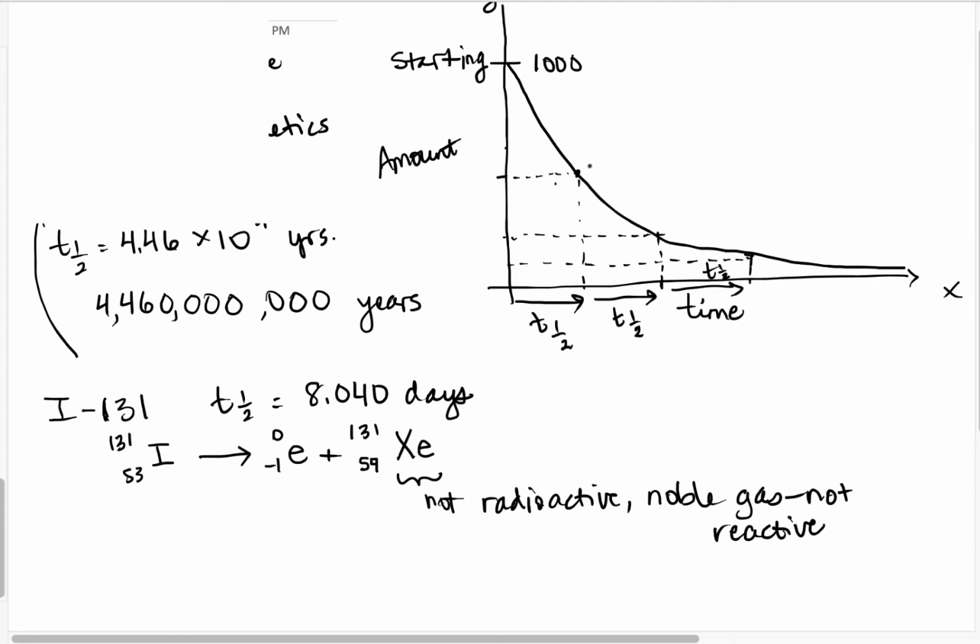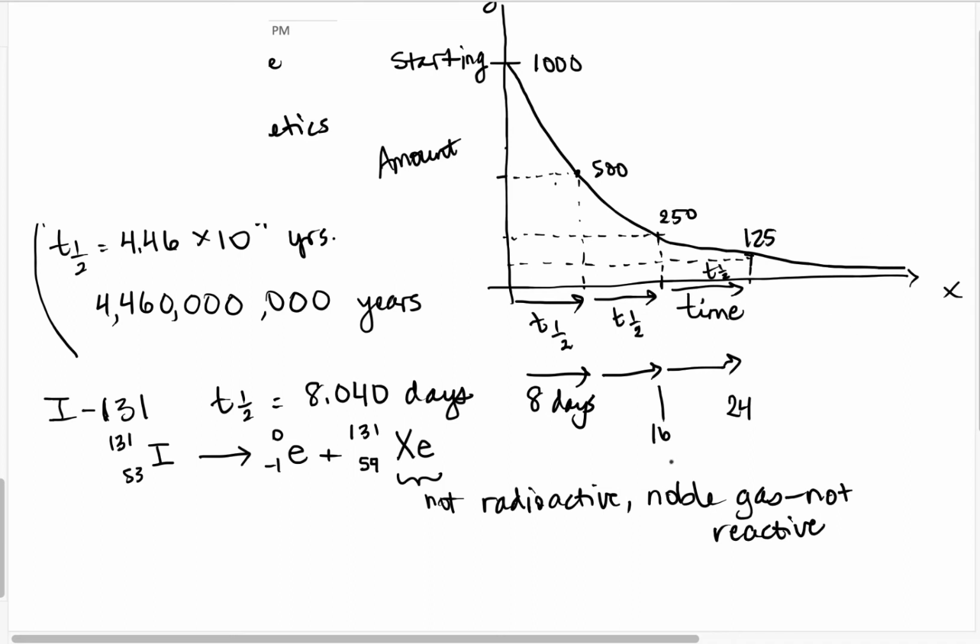Then after 8 days, so here's 8 days, we would have 500. And then after another 8 days, so now we're up to 16 days, we would have 250. And then after another 8 days, 24 days total, we would have 125, and so on and so forth.